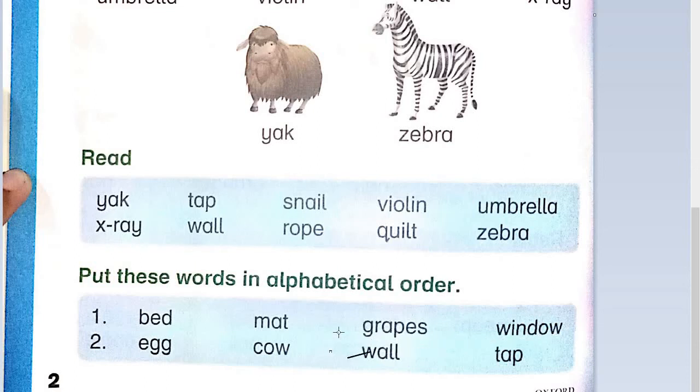So, इसमें से पहला कौन सा आएगा? Bed. फिर सेकंड नंबर पे कौन सा आएगा? Grapes. फिर आएगा mat. फिर आएगा window.